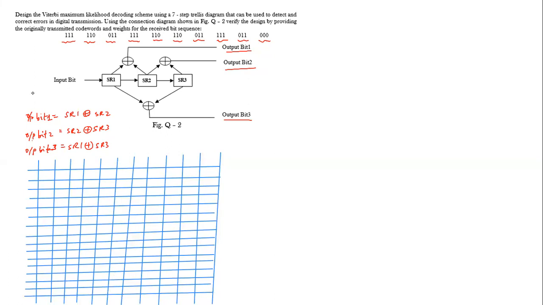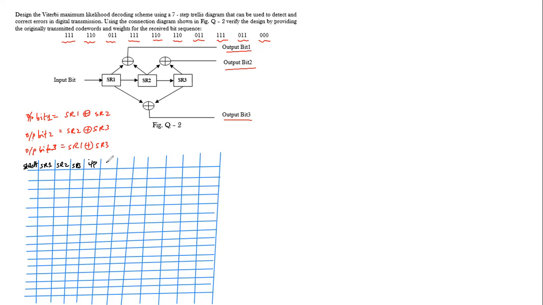So it means we have states. Okay, let's change the color. So let's say we have our state A here, then our first shift register, our second shift register, and our third shift register. So let's assume we have our input here.